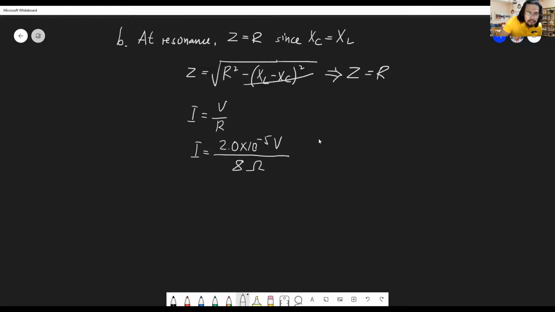So we get I equals 2.0 divided by 8, which is actually 0.25, so we move the scientific power. It's 2.5 times 10 to the negative 6 amperes.